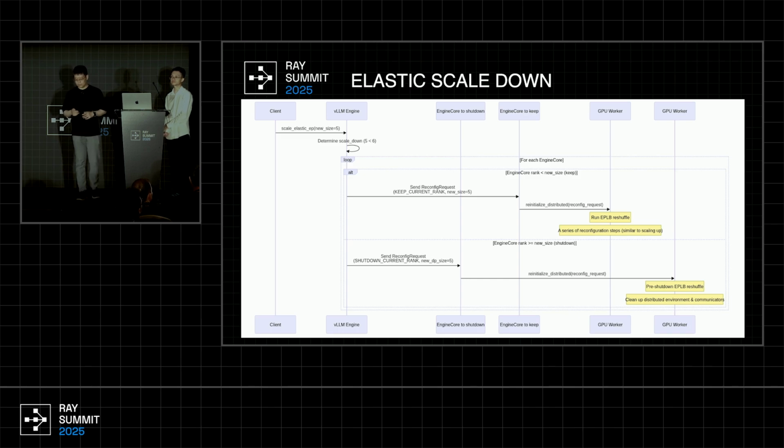It will first run the reconfiguration, which is very similar to the one used in the scale-up process. But we run the EPLB reshuffle first. And for the engine core to shut down, we also send this reconfiguration request, and it will first run the EPLB reshuffle before it actually cleans up the distributed communicator and shuts itself down.